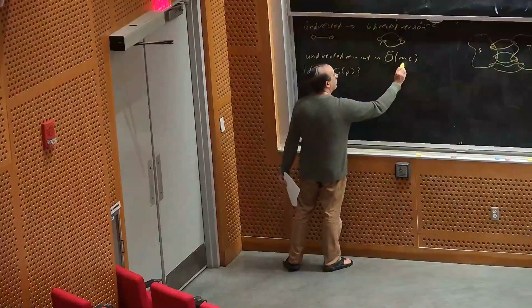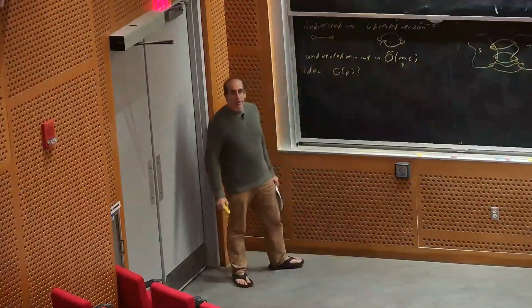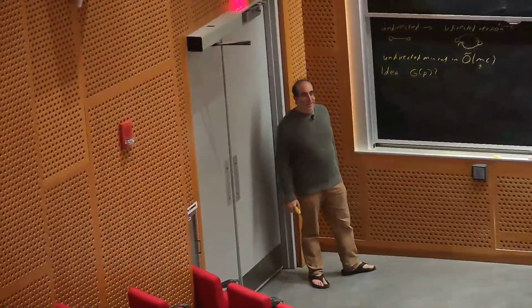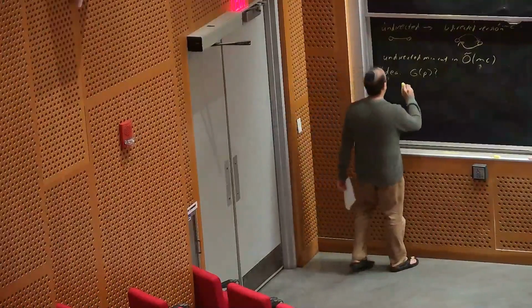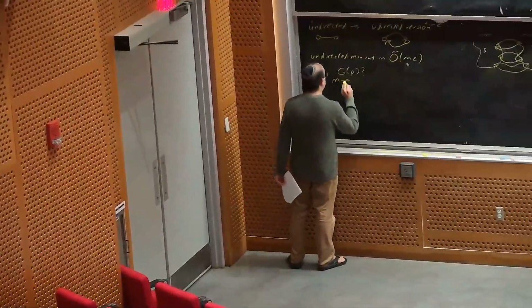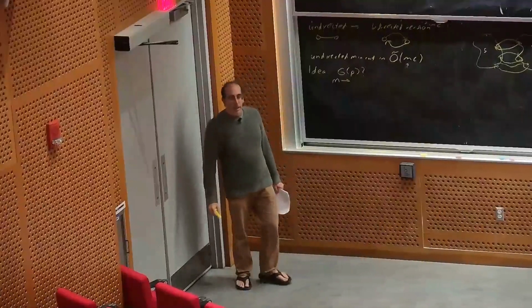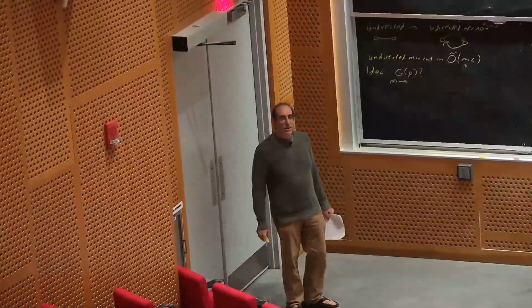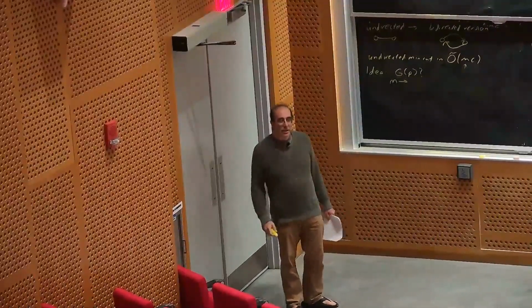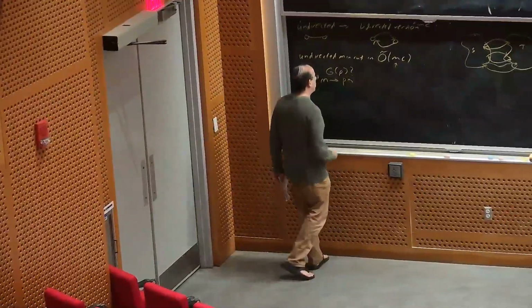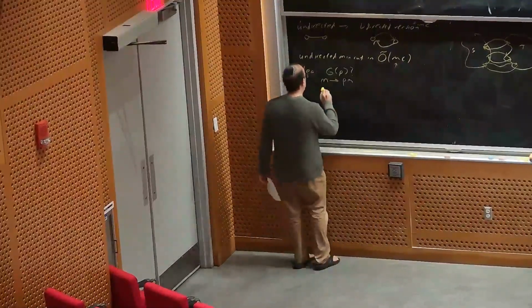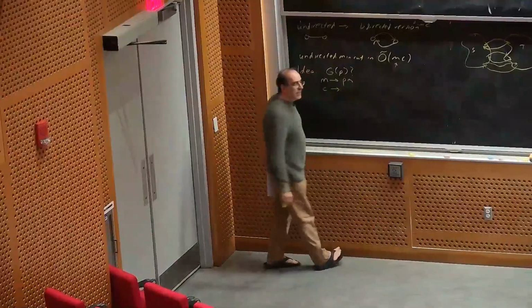So here we have a runtime of m times c. We'd be happy if m and c got smaller. So if we're using G of p, what happens to m? Yeah? Exactly, that's very straightforward. What might happen to c?